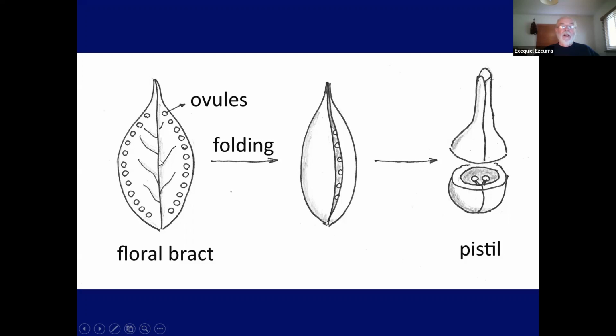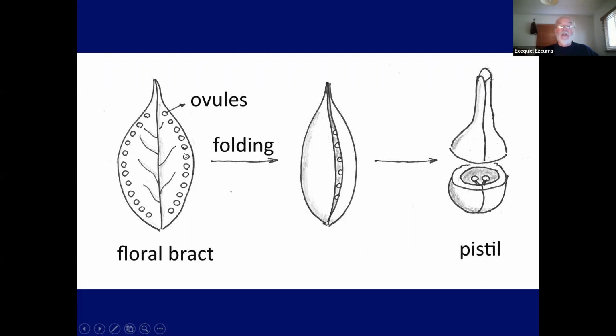In the magnolia, for example, and some of the most primitive plants, they look very much like a gymnosperm, but apart from having showy petals, the ovules have folded into a closed chamber that is an ovary. So basically, an ovary is a bract that has folded into a closed chamber. And the top of the bract makes, of course, the style and the stigma, the road for the pollen to get in.